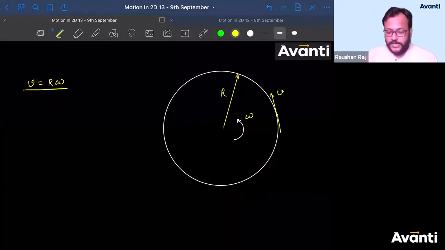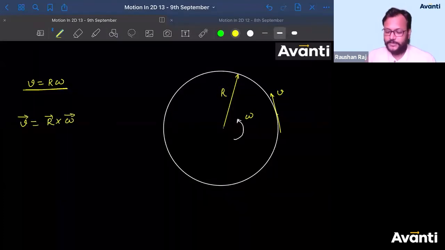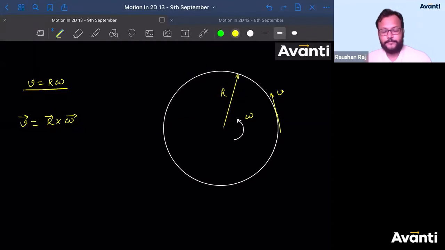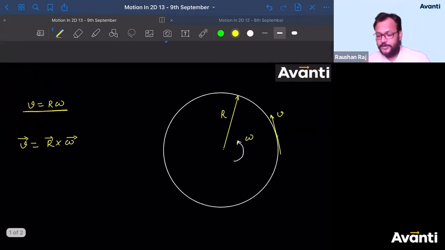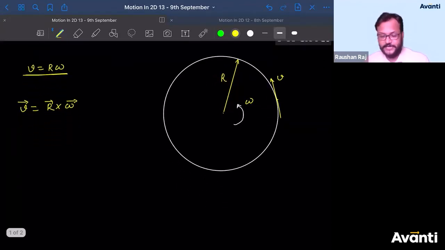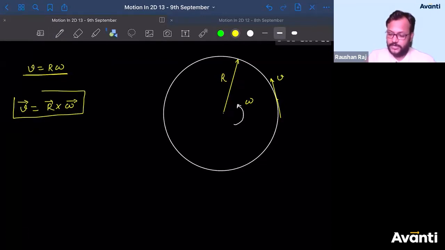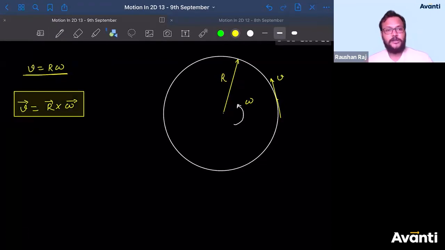We can also write V is equal to R cross omega. Now try to verify whether I have written it correctly or not.